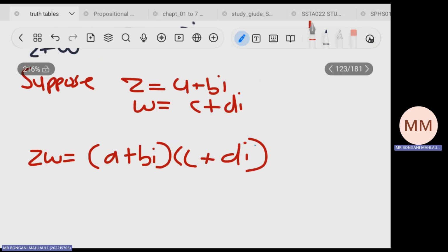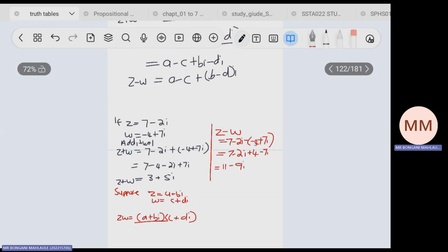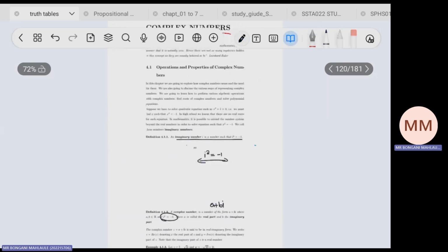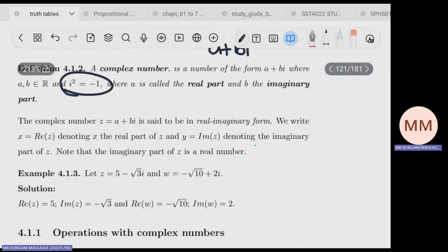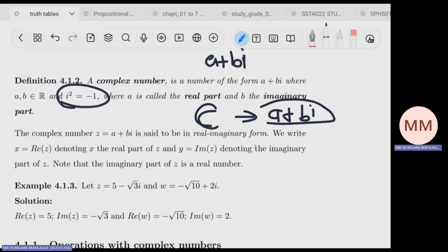So if you are doing a multiplication, remember this form we are calling complex numbers. So they are in the standard form of a real number plus imaginary number.